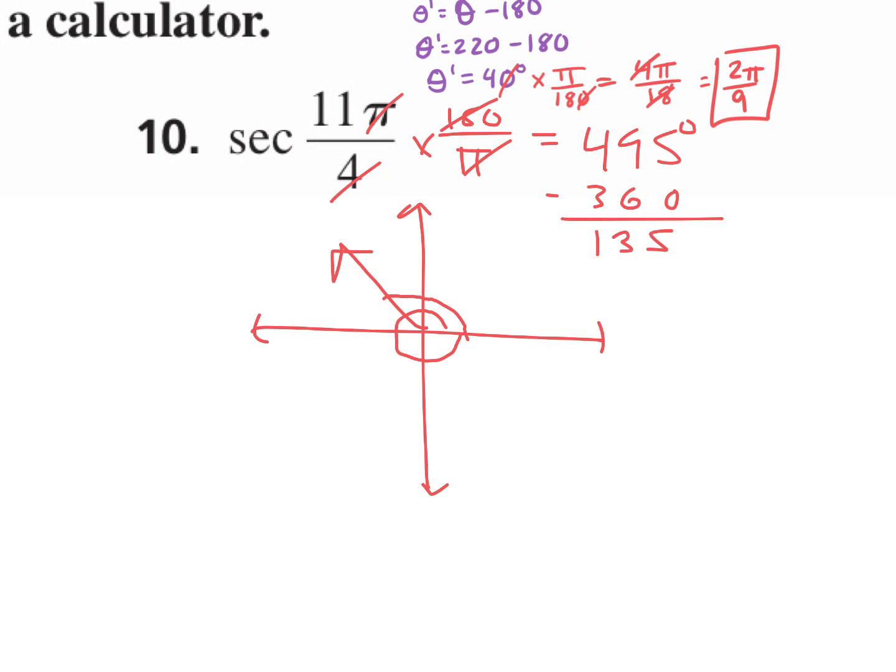So what quadrant are we in? Well, yeah, but 1, 2, 3, or 4? 2. How do we find our reference angle in quadrant 2? 180 minus theta. What's our theta going to be? 135.